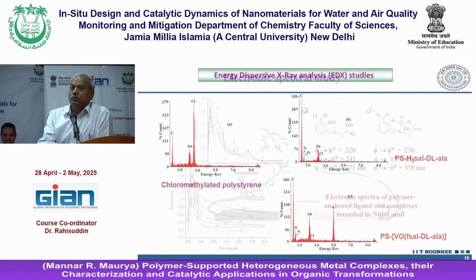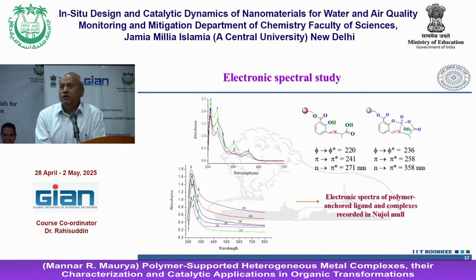Also, this is a solid material, and the polymer is insoluble in any solvent. However, we can compare the UV-visible spectra with the regular homogeneous compound, but since the material is insoluble, how to record the UV-visible is a challenge. So we found one technique where the heterogeneous metal complex is ground to make a powder, and then you add some nujol, make it like a paste, semi-solid, and simply stick it on the quartz cuvette.